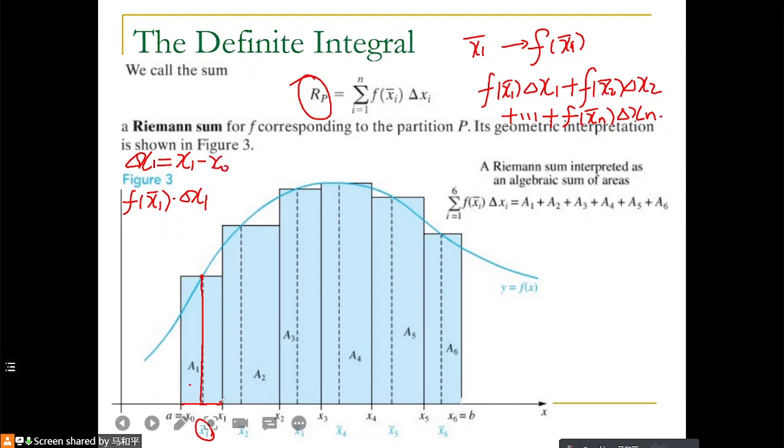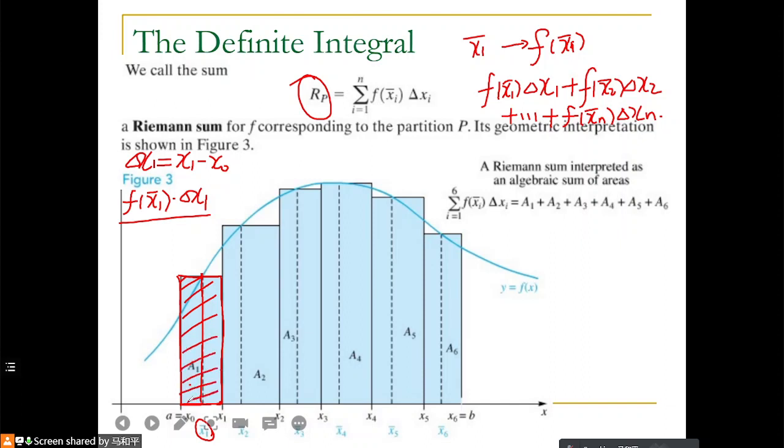So the base is [x0, x1] and the height is f(x1 bar). The product is equal to the area of this rectangle.